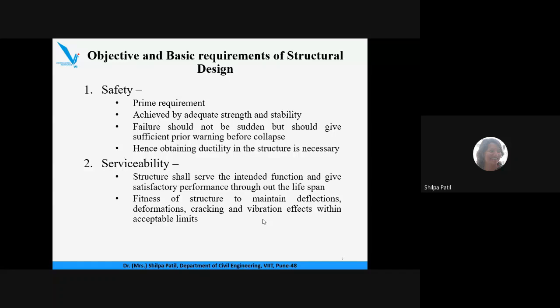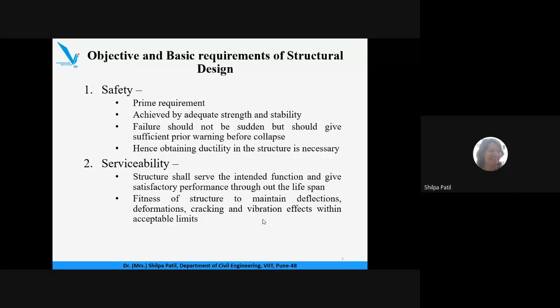So steel is a ductile material and it will never show a sudden failure. It will show certain deformation within a certain limit first, then the deformation will go on increasing, and when it exceeds the limit, only then will the member fail. So in the case of a ductile material, the failure is not sudden but slow.